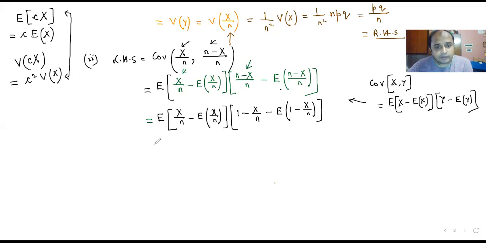The first part stays as expectation of x by n, no problem. In the second part, you can write 1 minus x by n and remove the expectation sign. So it would be expectation of 1 minus expectation of x by n, preceded by a minus sign. From there we are going to get expectation of 1 plus expectation of x by n.